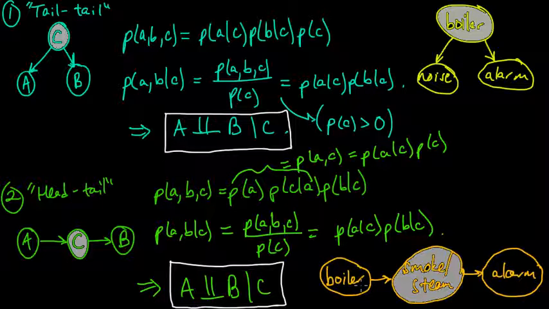But at that point, knowing whether the boiler is running or not is not going to affect my estimate of the probability of the alarm going off. Because if I see smoke, that alarm is probably going to go off. So knowing whether the boiler is on or not, once I know that there's smoke or steam, is not affecting my estimate of the probability of the alarm, because the smoke or steam was the mechanism by which the boiler caused the alarm.